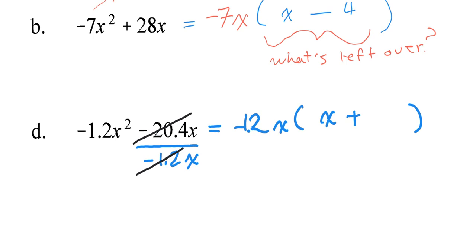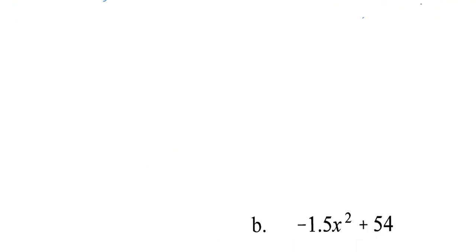Then we take a look at 20.4 divided by 1.2, which is 17. And getting rid of x just gets rid of x. So we're left with plus 17. And there is our final answer: negative 1.2x, bracket x plus 17. And we're done. All right, now let's move on to the next concept of the day.